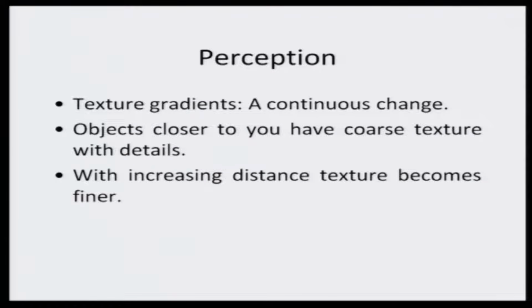Another interesting feature that is part of the monocular cue that helps us understand the world is texture gradient. Now, texture gradient basically is supposed to have a continuous change. The objects which are closer to us, okay, will have a coarse texture with much more details. Okay. And if the distance increases, the texture becomes finer.